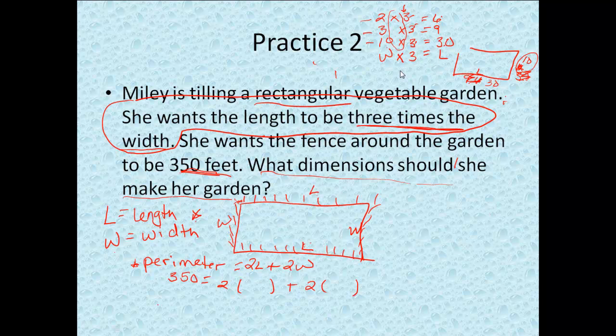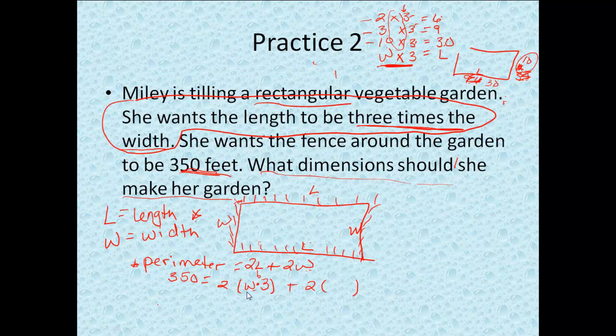Well, I'm going to use that because now I know what L is equal to. So down here in my formula, I'm going to plug that in: W times 3. So I've got my length figured out. Now I need to deal with my width.